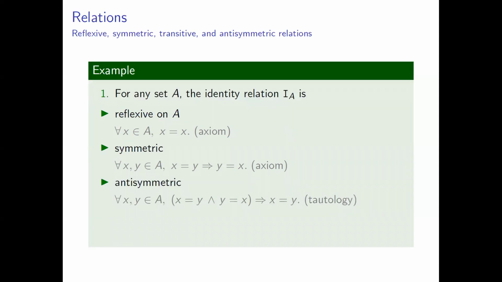It is antisymmetric since x equals y and y equals x clearly implies that x equals y. It is transitive since for any elements x, y, and z, x equals y and y equals z implies that x equals z.